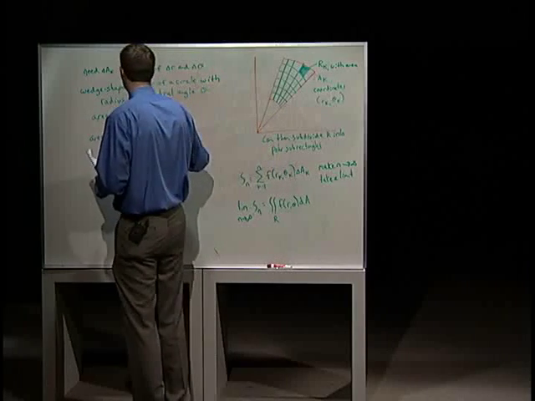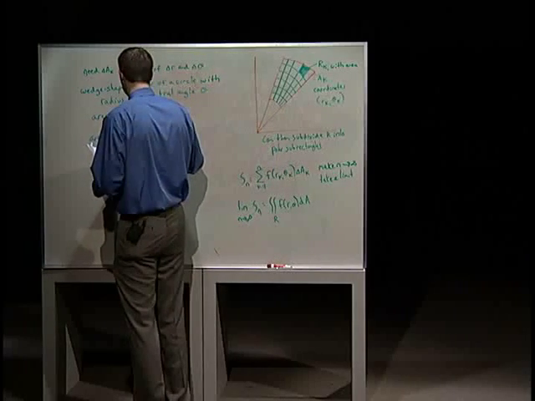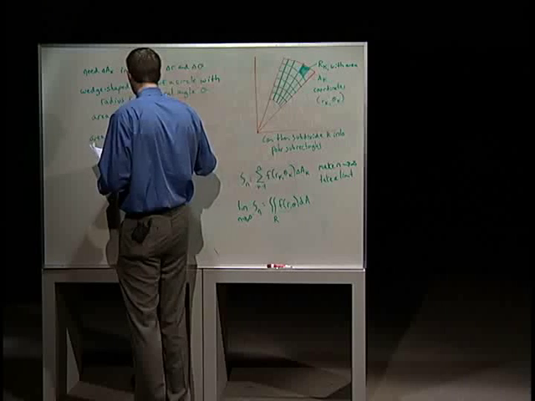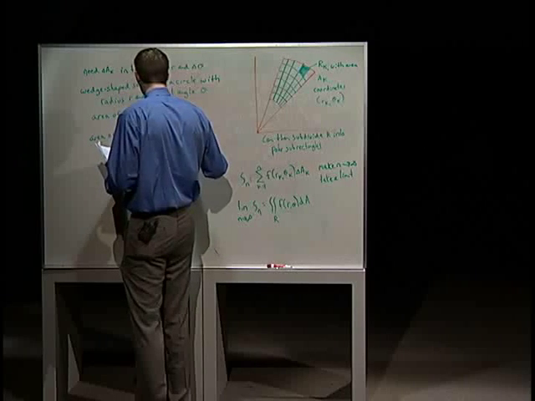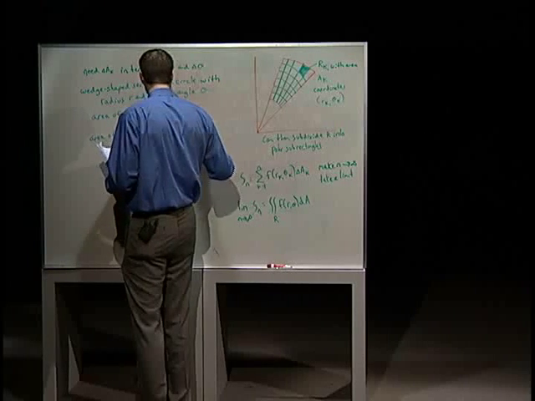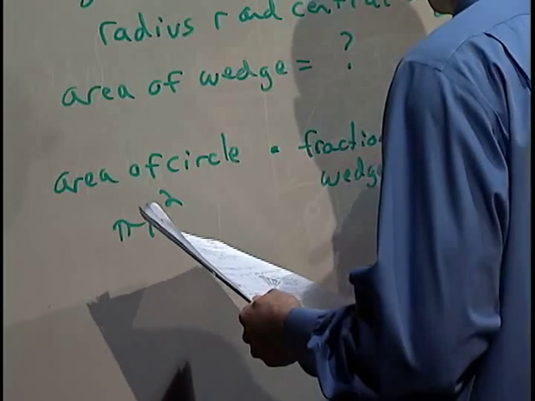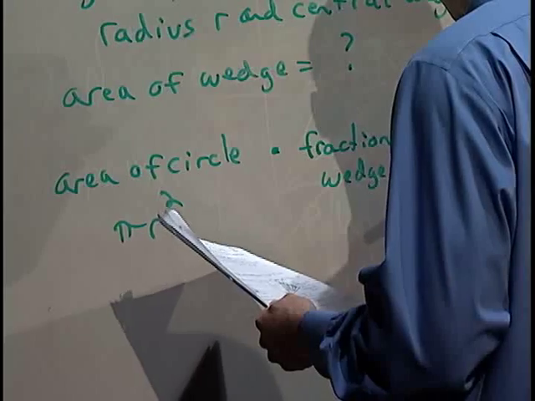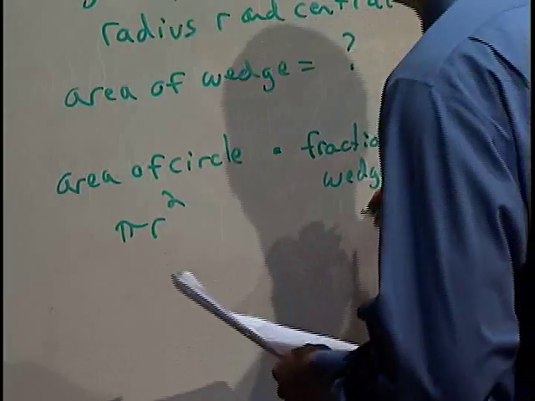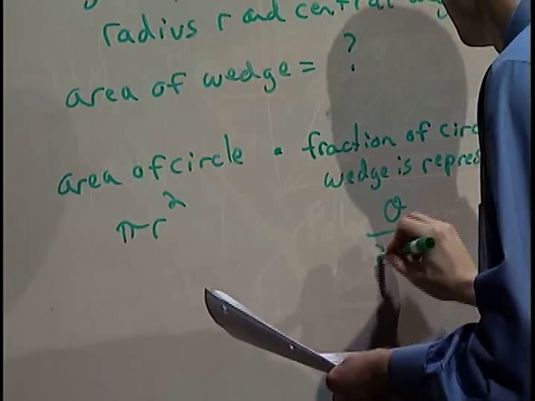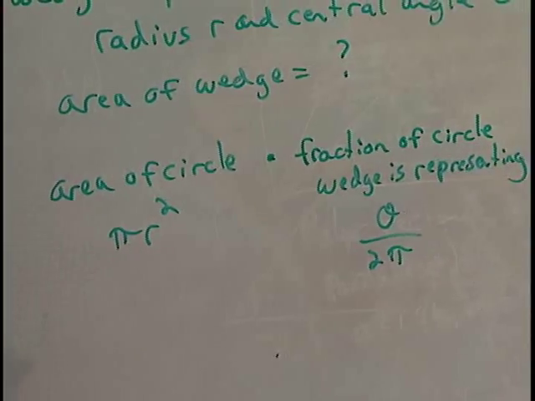So we multiply by the fraction of the circle the wedge is representing, which is however much theta is.